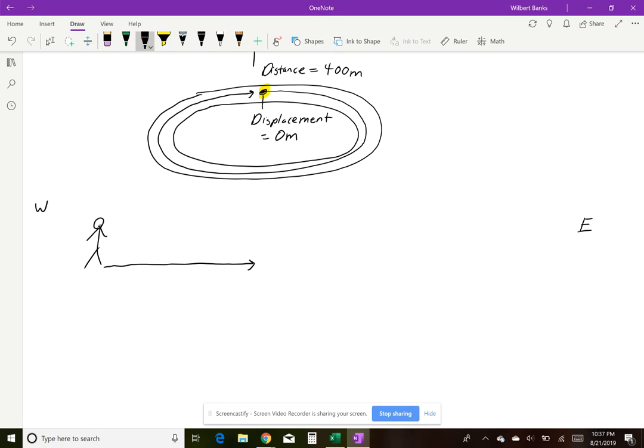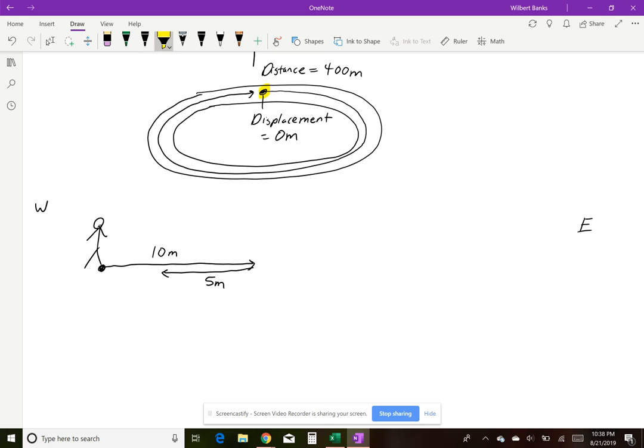Let's call this west. And he did it for a total of 10 meters. But then he turned back around and he walked 5 meters back in the direction he came. So I can ask myself, what is this guy's total displacement? How far did he move from this original spot?